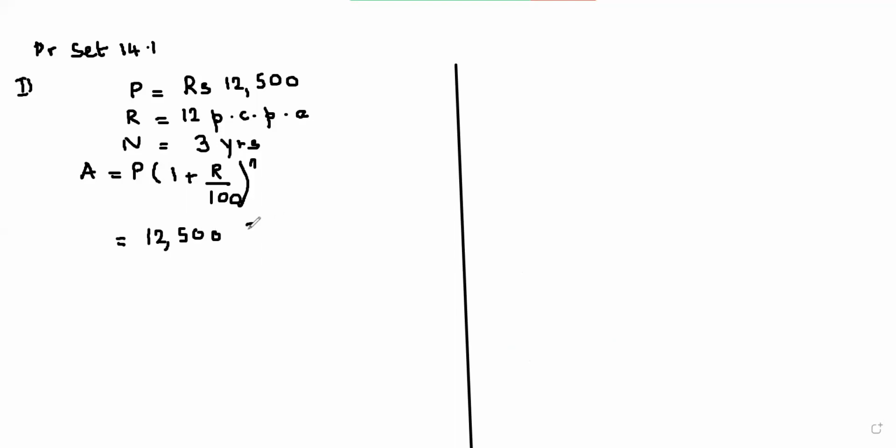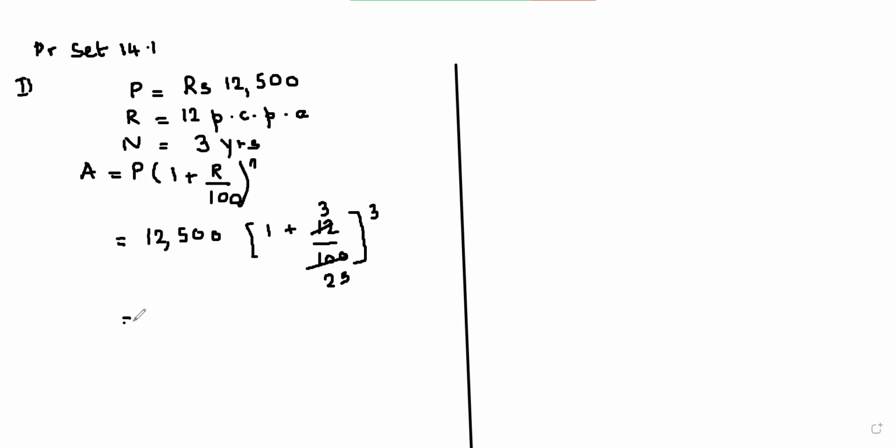Next, 1 plus rate of interest is 12 upon 100 raised to the power of 3. Now, I'll cancel with 4. 4 3s are 12. 4 25s are 100.